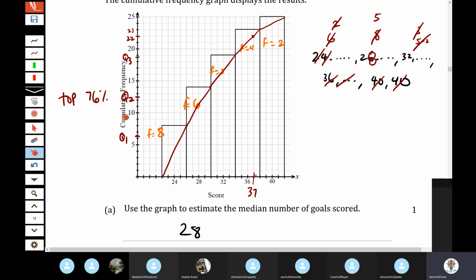Okay, well, there's 2 ways of doing it. Let's find the bottom 24%. So the bottom 24% would be, again, it's up to you how you think about this, but I would probably say, look, 25 equals 100%.